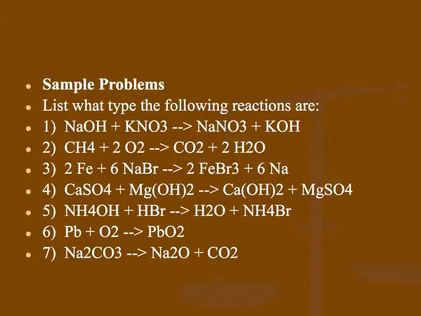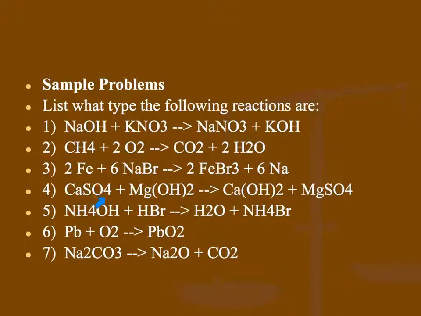Therefore, number 1 would be a double replacement reaction. Number 2, we have a hydrocarbon plus oxygen yielding carbon dioxide and water. This would be a combustion reaction. Number 3, we have an element by itself plus a chemical compound yields a new chemical compound and an element by itself. Therefore, we have a single replacement reaction.